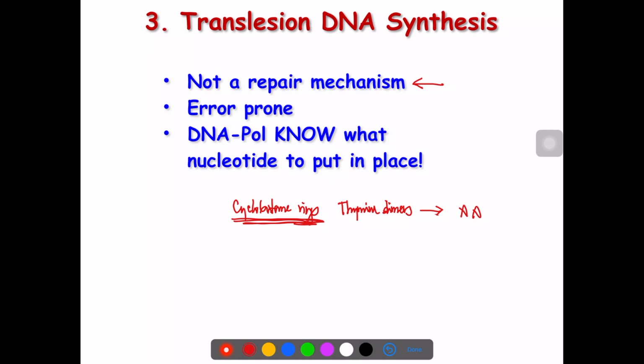So translesion synthesis is all about being able to read over a thymine dimer, being able to synthesize the strand that needs to be synthesized, even though there is a thymine dimer on the strand that is being used as a template. So it ignores and bypasses the damage, but it doesn't fix it.